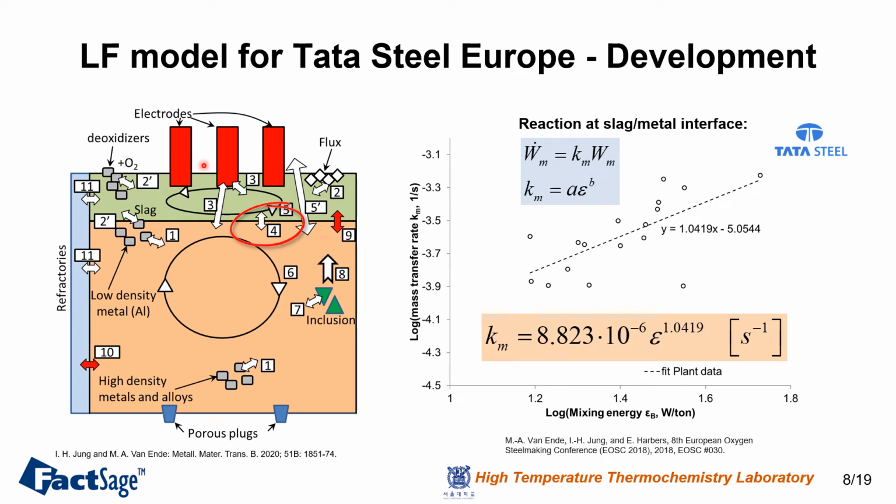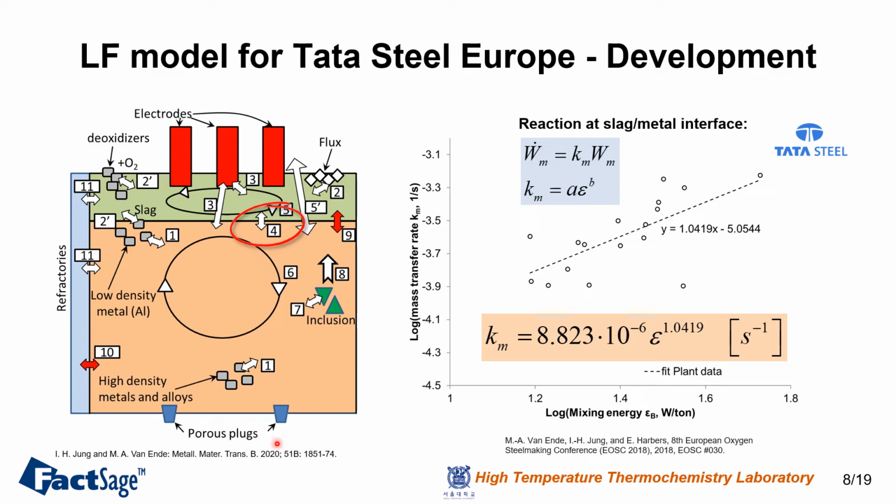So all these kinds of things can happen simultaneously, and so we have to consider all these kinds of reactions at every time step in the simulation. And on the right side here, you can see the relationship between the mixing energy and the mass transfer coefficient in the steel.